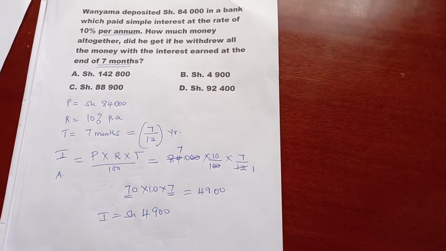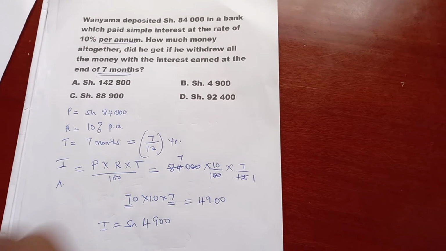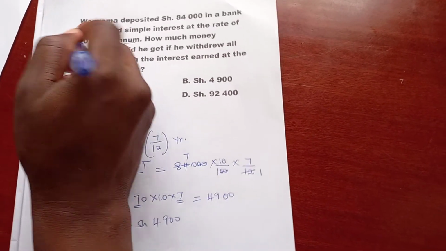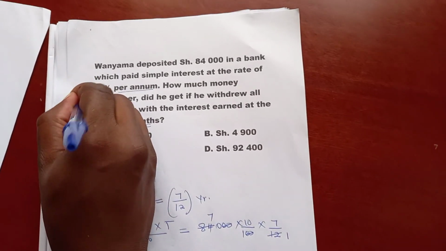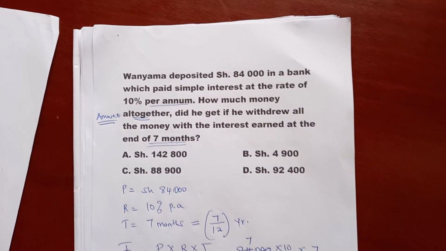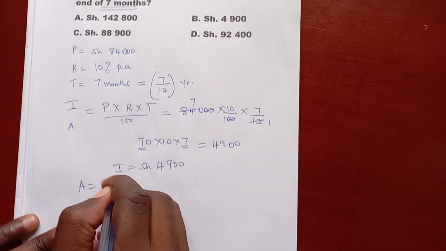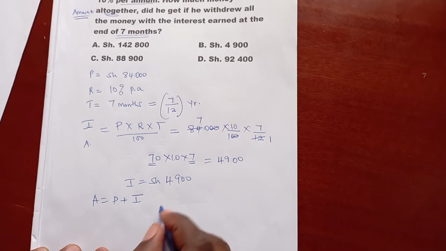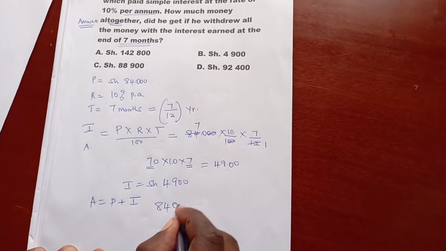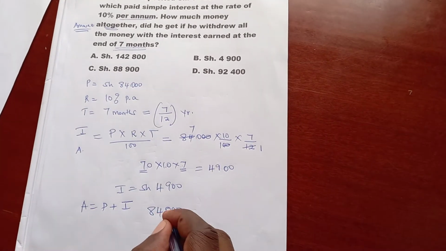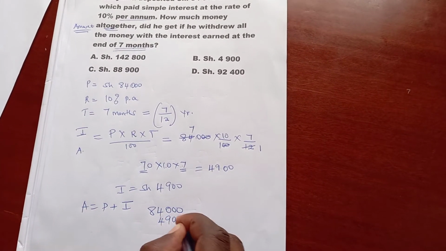But learners, what is our question asking? How much money altogether? The word altogether represents the amount of money. Amount is equal to principal plus interest. In our case, our principal, the money deposited, was 84,000. Our interest earned was 4,900.